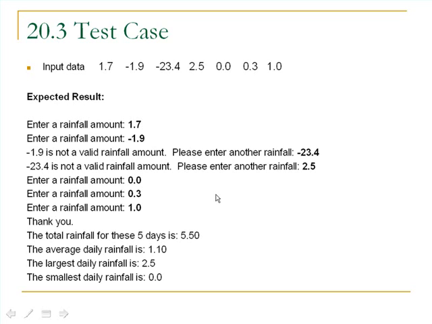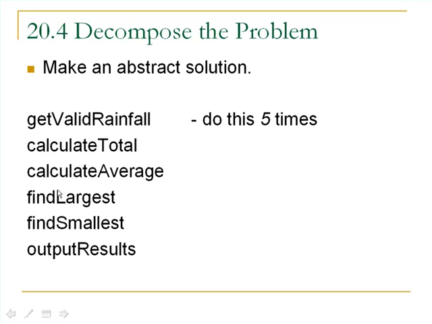Well, once we get the valid values, we want to total them all, find the average. Now, we have a method called calculate total, and another one, calculate average. That method, calculate average, is looking pretty small right now.